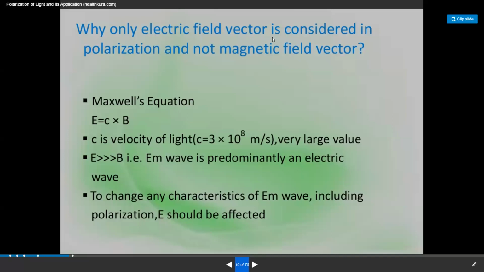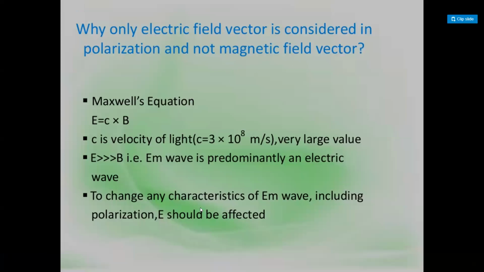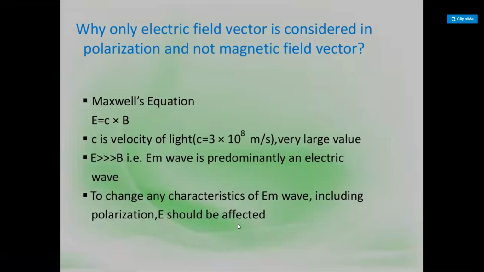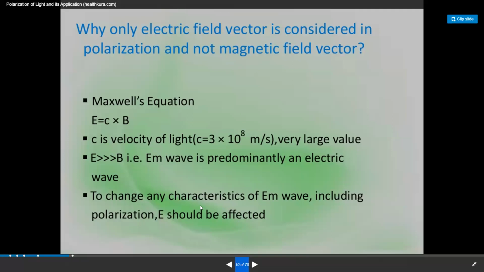Why can we not consider both the electric and magnetic field vectors? Because compared to the influence of the electric vector, the influence of the magnetic field vector is very, very small. So simply, the magnetic field vector does not change anything in the light.